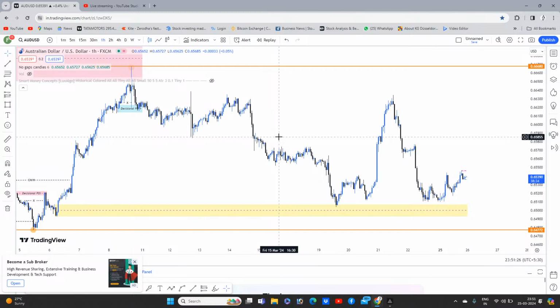In this video, we'll be learning about how to map structure based on smart money concept. Those who don't know what smart money is, I have already made a video on smart money, but let me give you an overview. Smart money is nothing but smart players who are putting their money in the market in a very smart way.